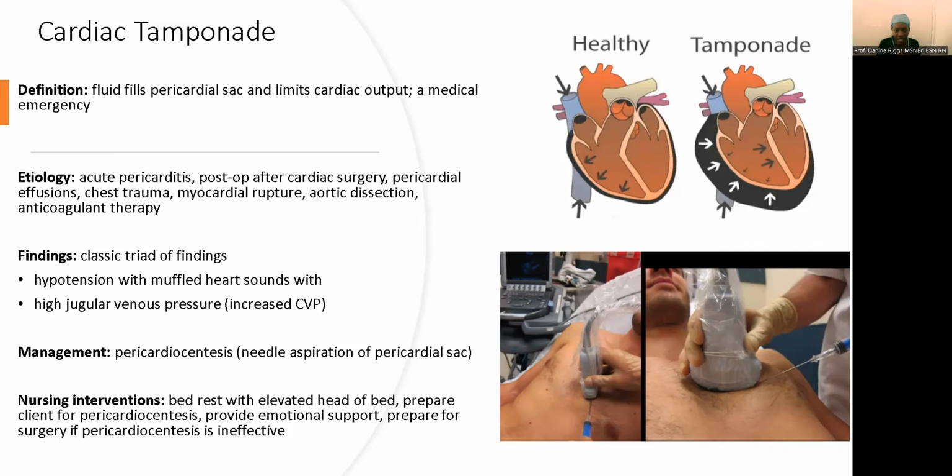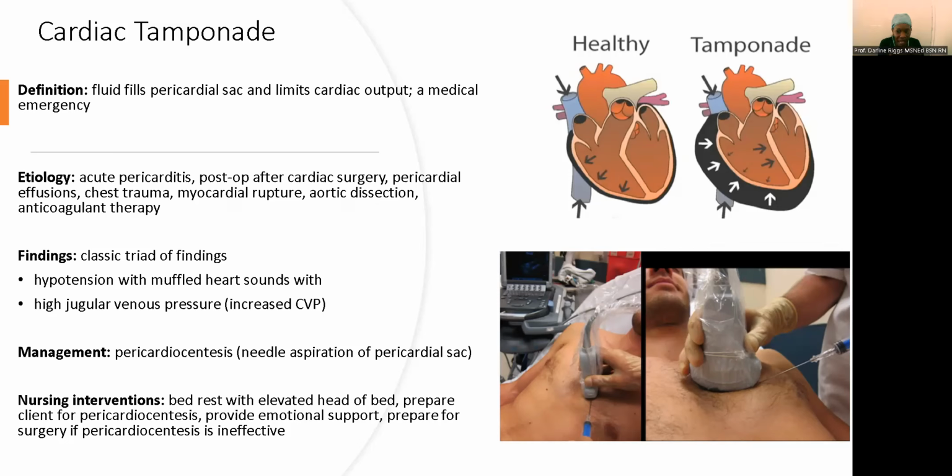Okay, so we talked about cardiac tamponade with pericarditis. Let's finish up with that, and you might need 5 minutes, and then we'll resume. So fluid between the sac, the layers of the heart. That is a medical emergency.